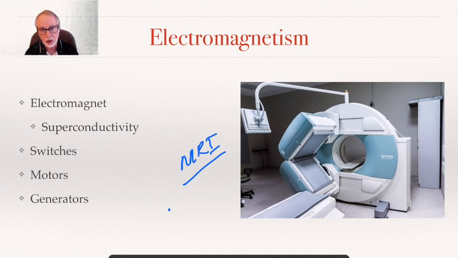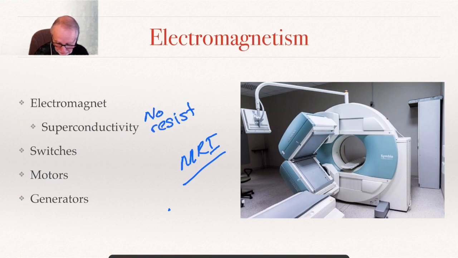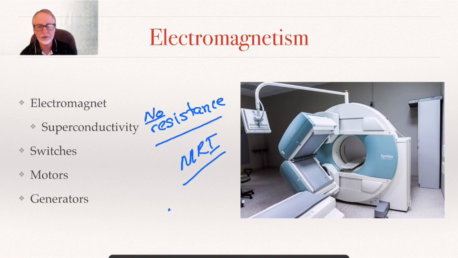In order to generate the magnetic fields necessary for an MRI, we need to invoke something called superconductivity. Superconductivity basically refers to the flow of electrical current through the system with no resistance. You remember we talked about resistance in a previous video and Ohm's law, and the current flows depending on the resistance.